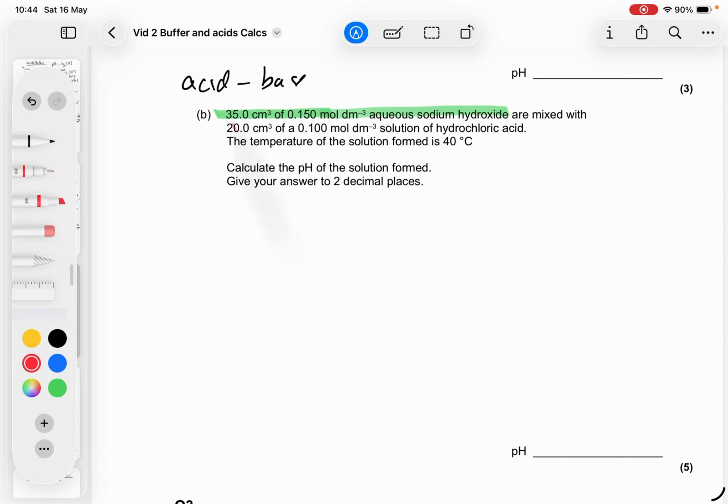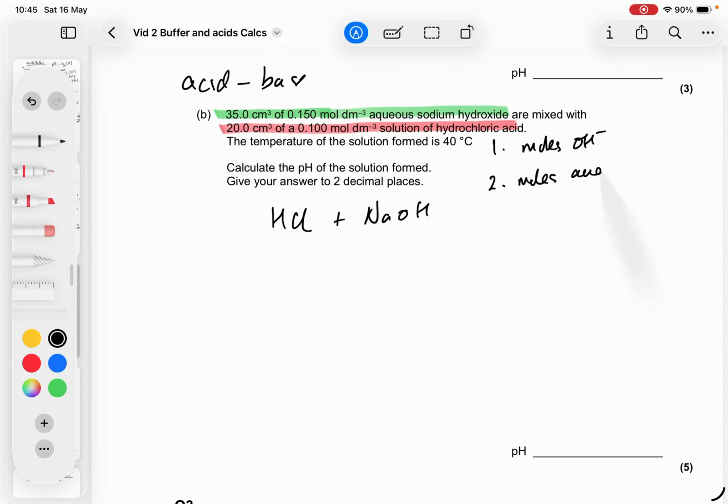It is mixed with hydrochloric acid. You need to know now that this is a 1:1 molar ratio. So in this calculation, number 1, work out moles of hydroxide, work out moles of acid, then work out excess moles.